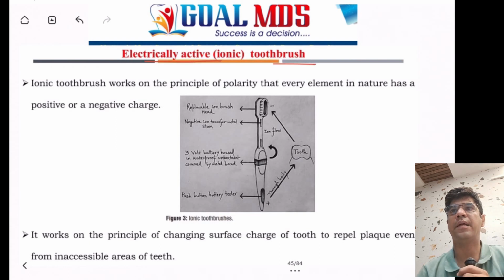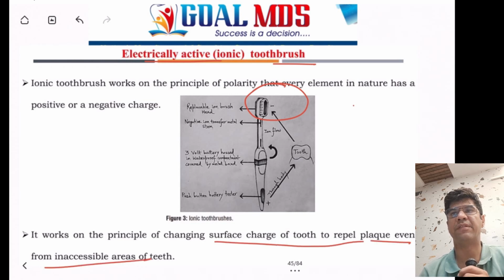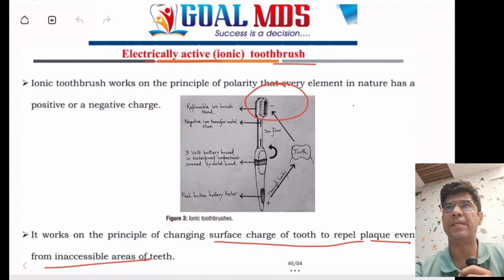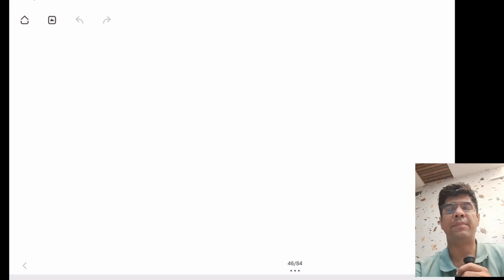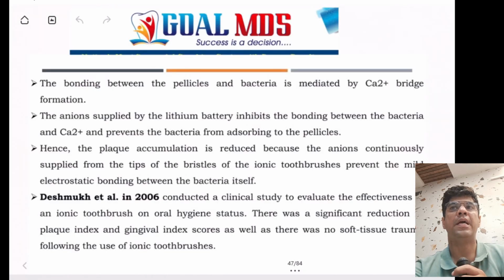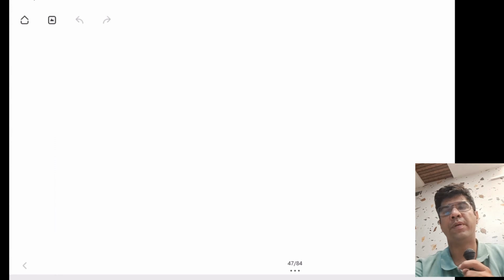The other is the electrically active ionic brush, based upon positive and negative charge. The principle is changing the surface charge of the tooth to repel plaque from inaccessible areas of the teeth. That is the main principle of electrically active toothbrushes.